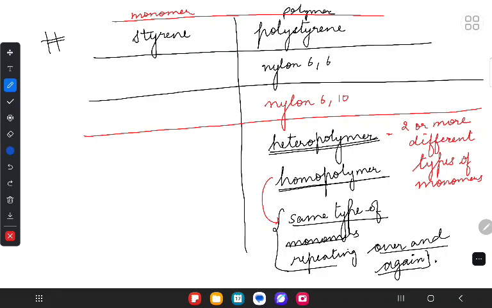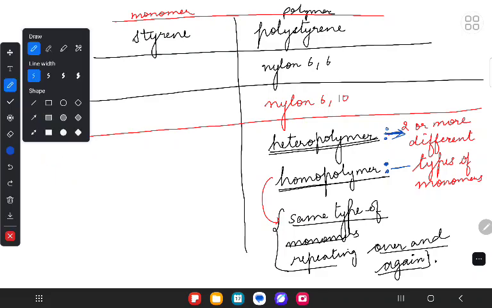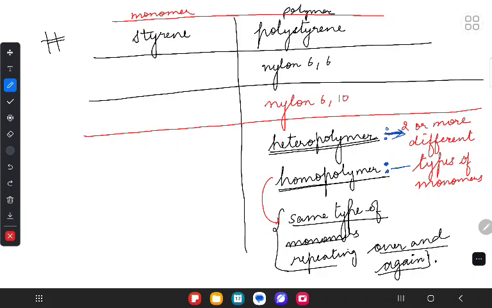So the homopolymers are made up of just, like, ethene. Ethene is repeating itself multiple times: ethene, ethene, ethene, and we get polythene. Got the point? Similarly, styrene, styrene, styrene, and then we get polystyrene.